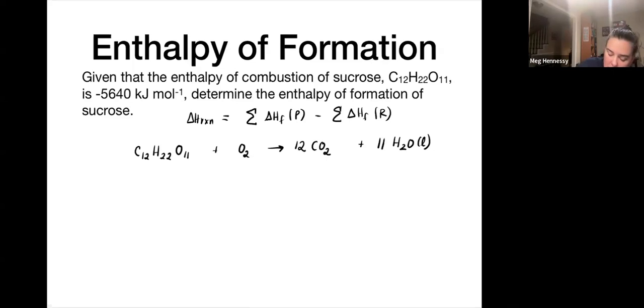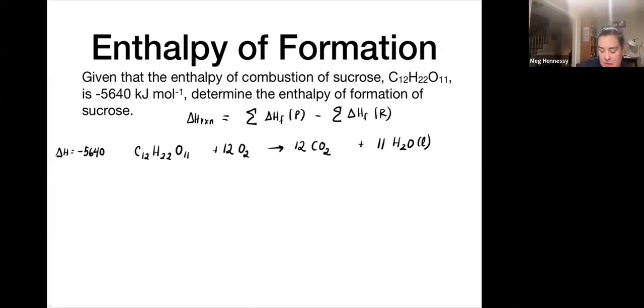I'm going to need 11 waters to balance the 22 hydrogens. And then I'm going to need 12 O2s so that the sum of the oxygens on both sides is the same. I think it's 35. And I'm told that the delta H of this reaction is minus 5,640.